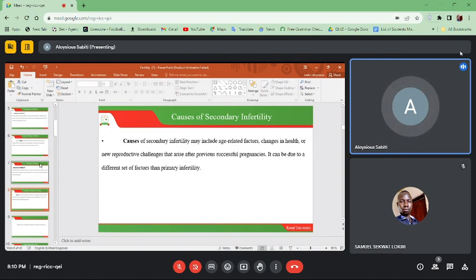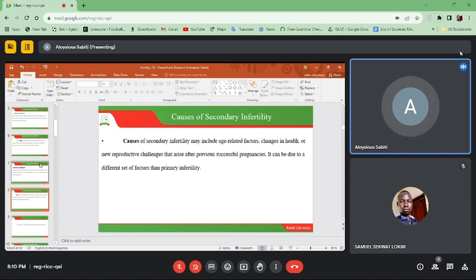And some of the causes include age-related factors, changes in health, or new reproductive challenges that arise after previous successful pregnancies. It can be due to a different set of factors than primary infertility.